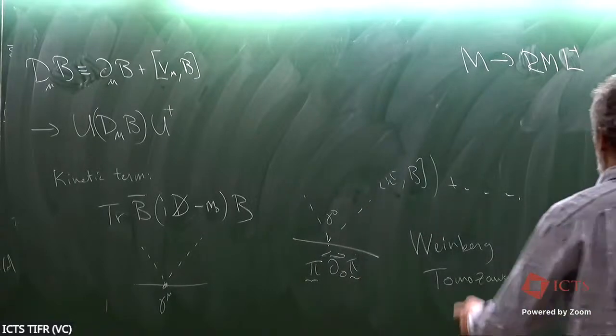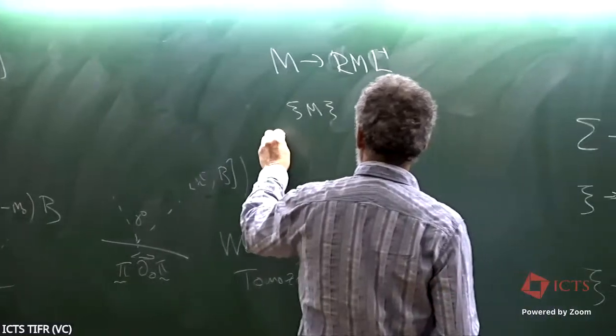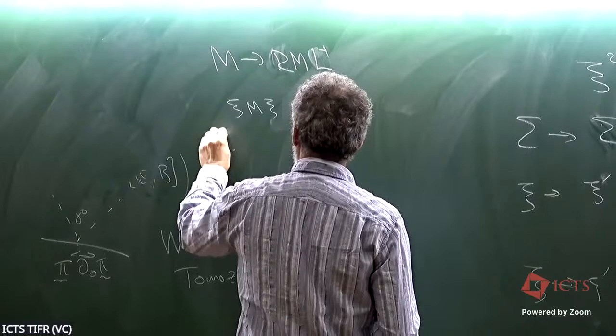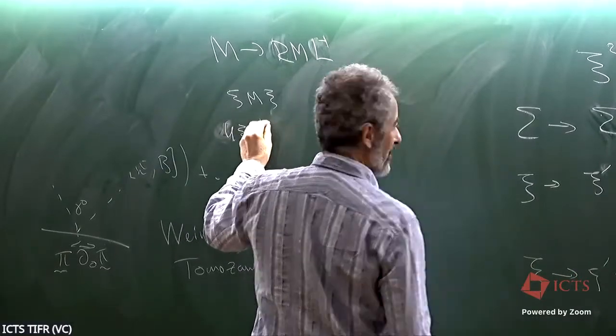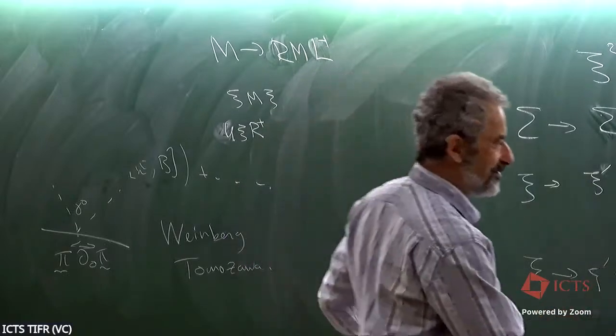So I can define C M C, that transforms like U C R dagger. Let's see, how do I do it? Did I erase it?